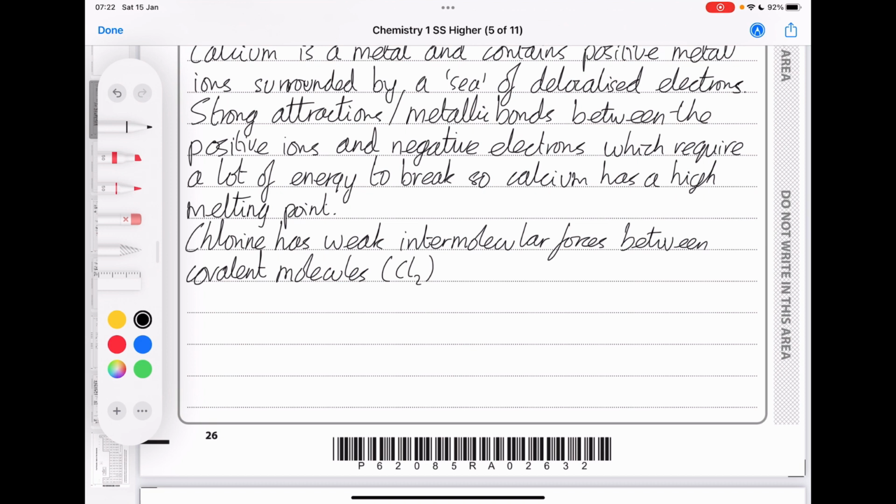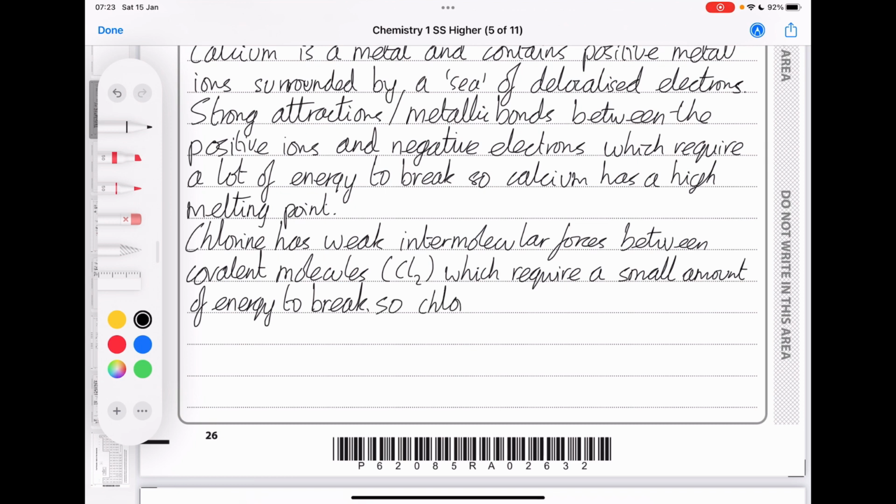And because we have these weak intermolecular forces between the molecules, they require very little energy to break. And because they require a small amount of energy to break, chlorine has a low melting point.